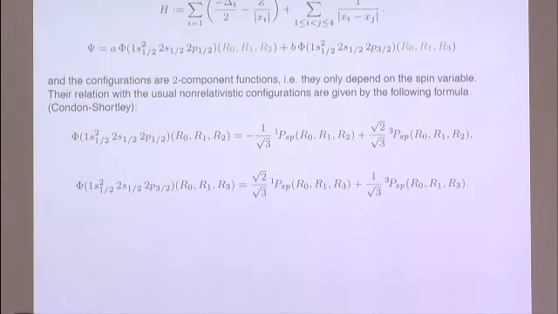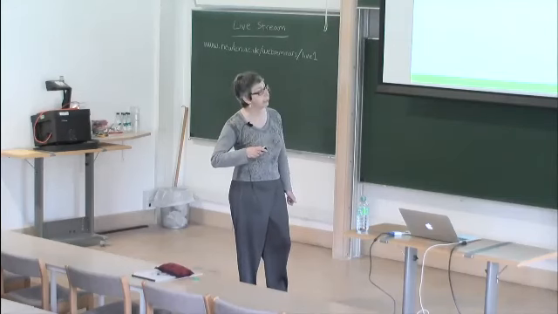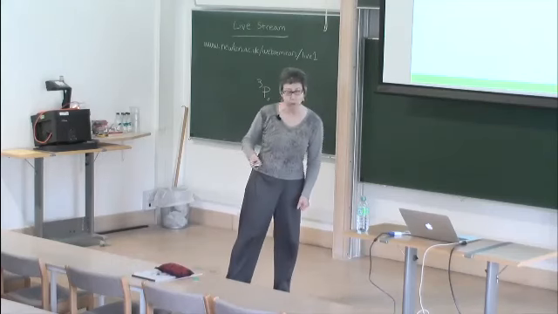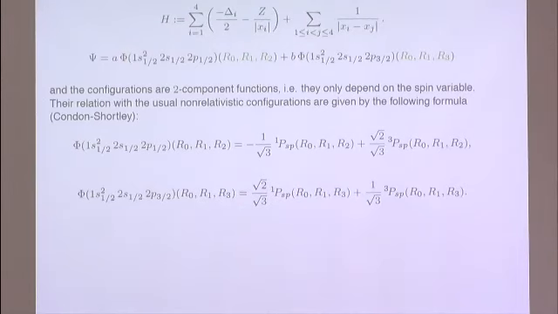J equal to 1 I don't write because it's always, as I said. And then the singlet is S equal to 0, and the triplet is S equal to 1. So this is the exact form of this first configuration.